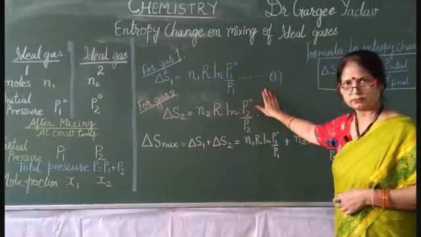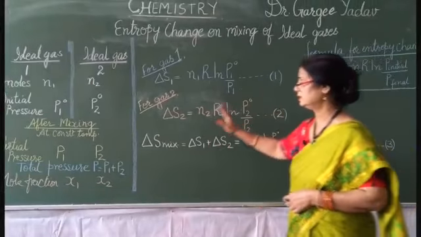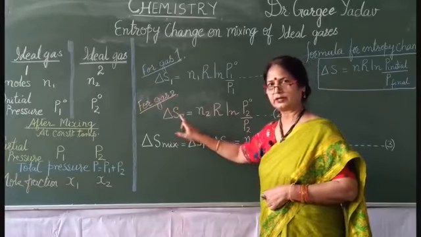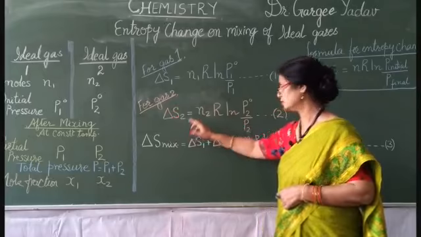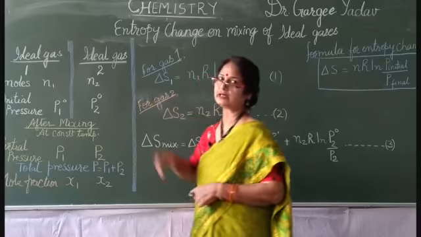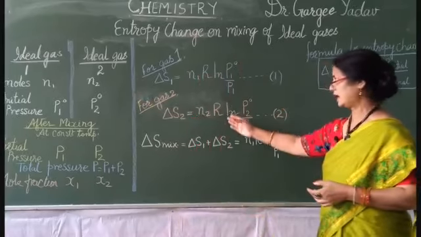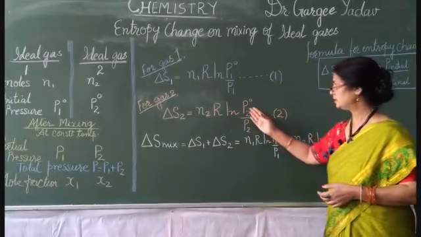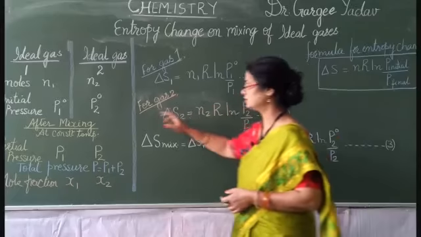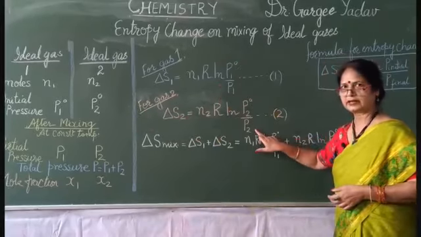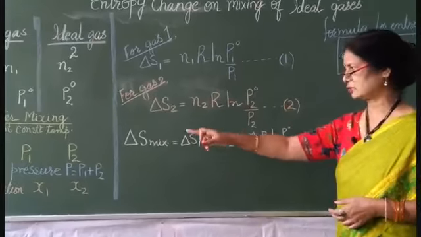Let it be equation number 2. Similarly, for gas number 2, the entropy change delta S2 will be equal to N2 R ln of P2 naught, the initial pressure, divided by the final pressure, which is P2.